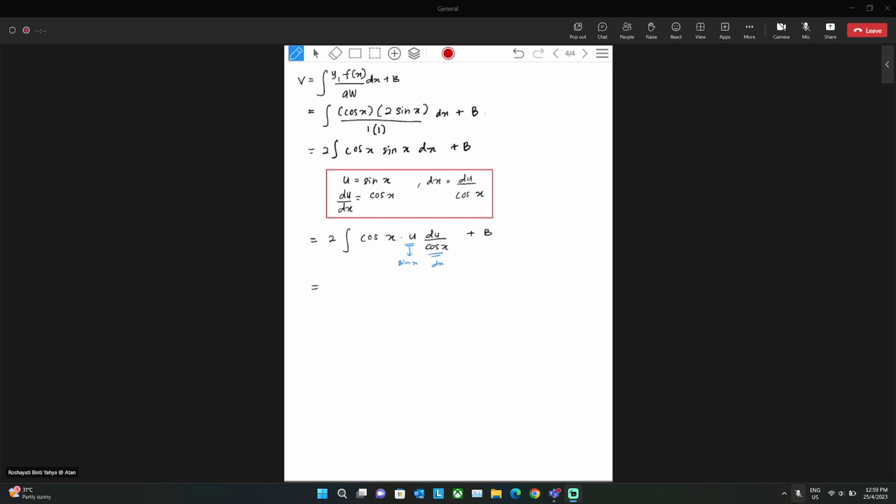So 2 integration of u du plus b. In this case, you can cancel out this cos.